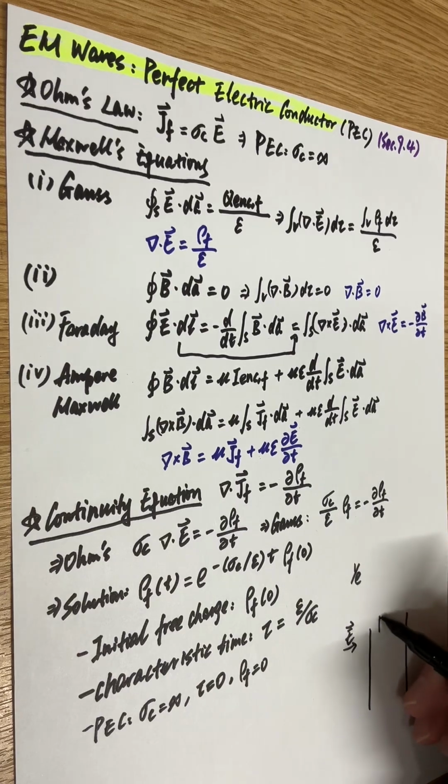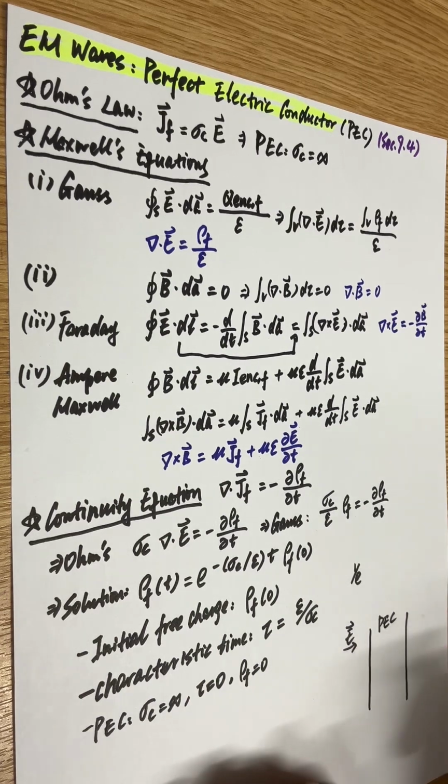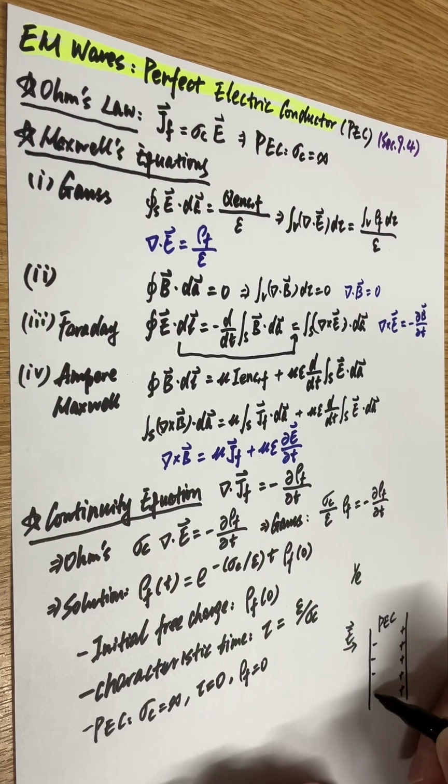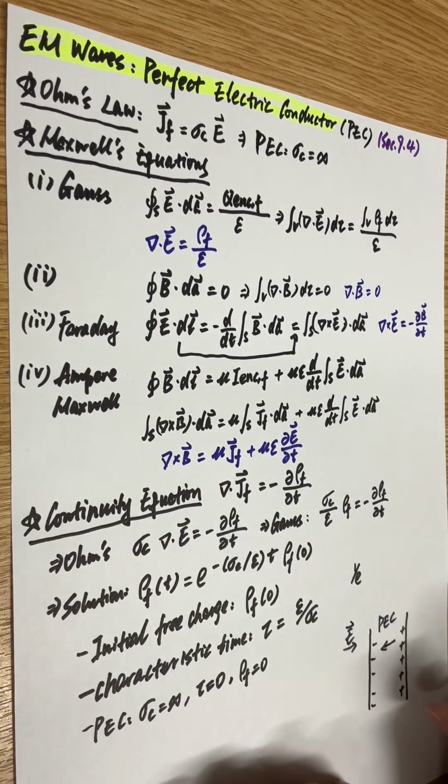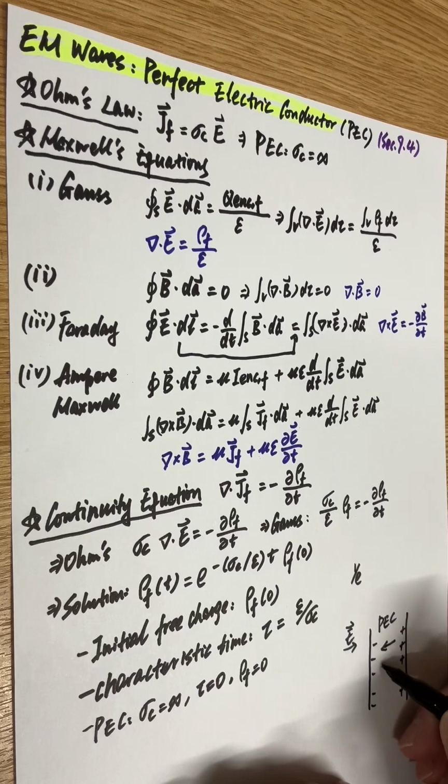If it really is a perfect conductor, all the charges are free to move. So they will be moved by the external electric field to the surface. So the induced charge will try to cancel the electric field outside, so that the total electric field inside would equal 0.